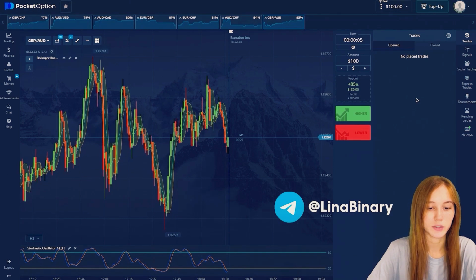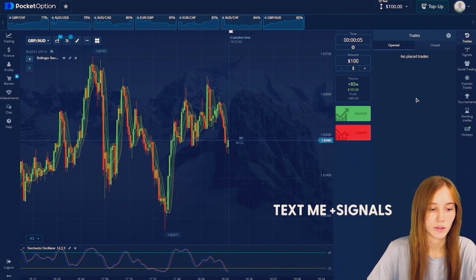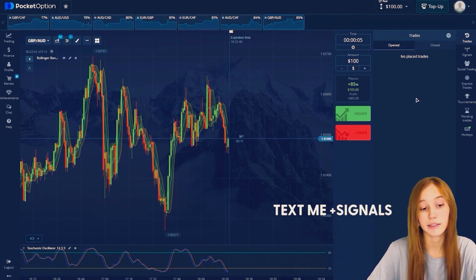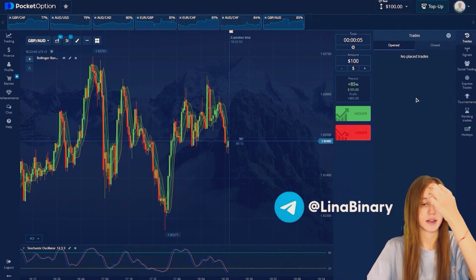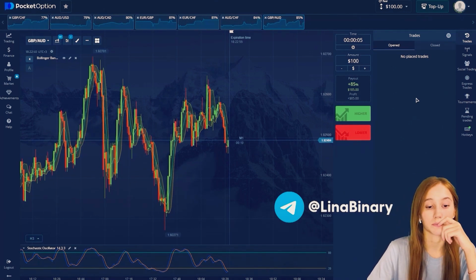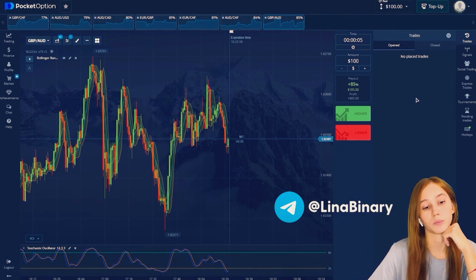So today we'll trade on forex. 9 currency pairs for today. We will trade them. Now it's 7, I think, and then it will be 8, 9.